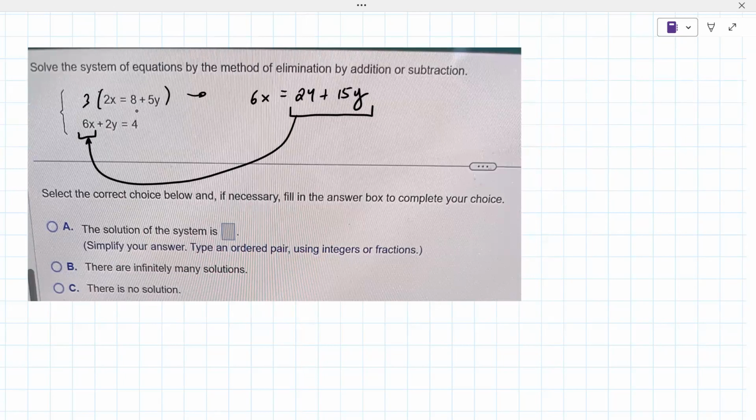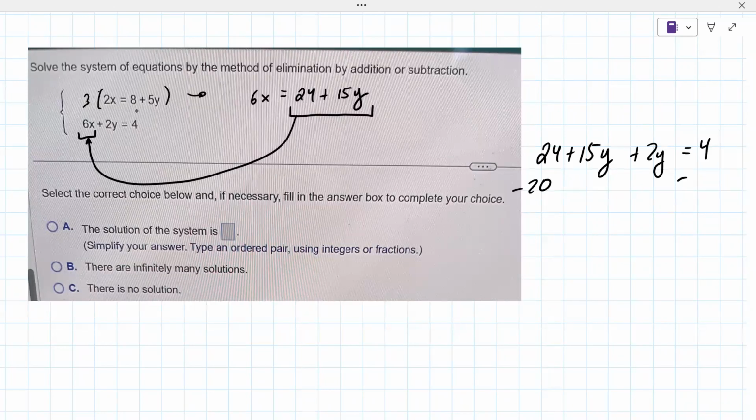It's kind of an odd thing to do. You can actually solve for multiples of a variable. That's a technique that I teach in standardized test prep, but it works here. So if you're okay with it, we can do it that way. So it ends up being 24 plus 15y for 6x, plus the 2y equals 4.